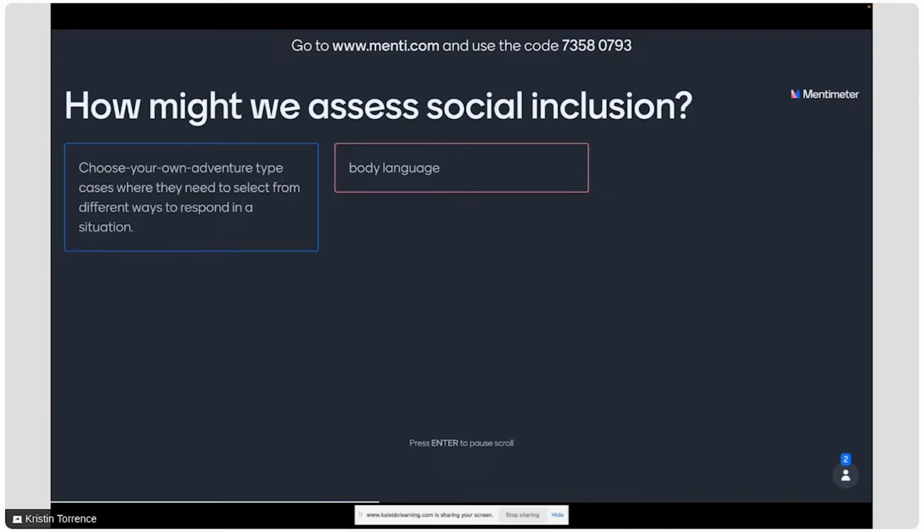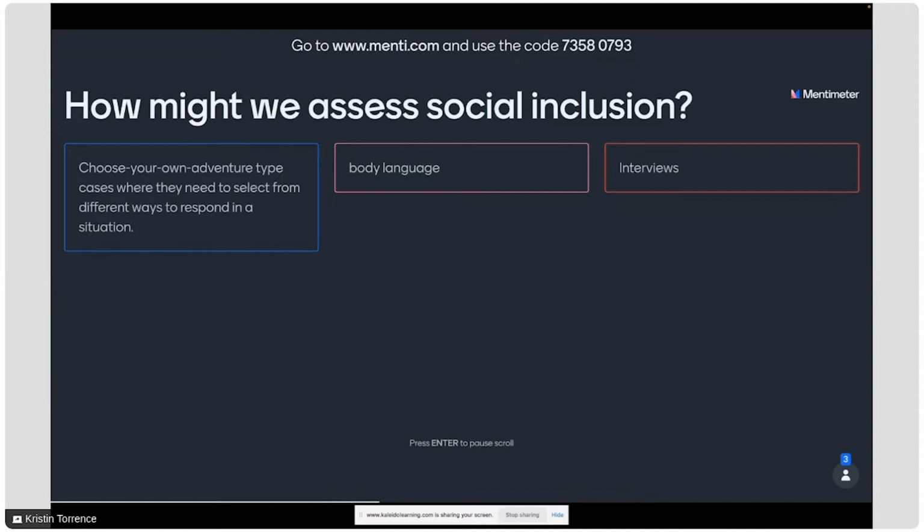Yeah, there's plenty of things we can do. We can administer a survey when learners complete a training, or we can send out a questionnaire to coworkers or interview their employees to see how socially inclusive they are.